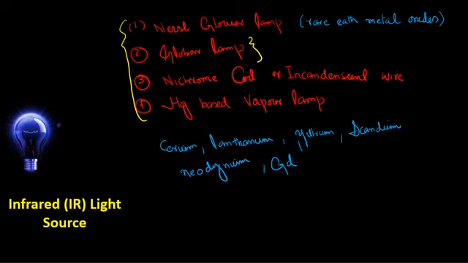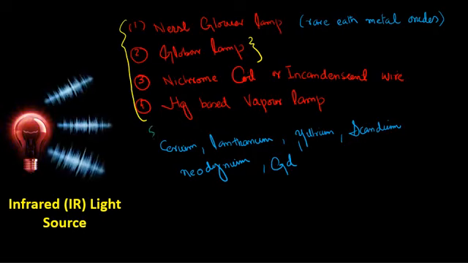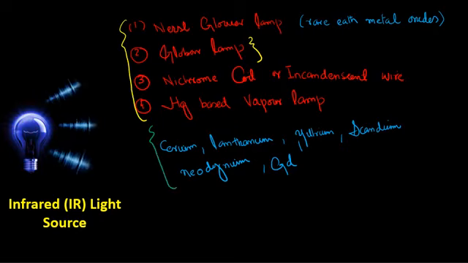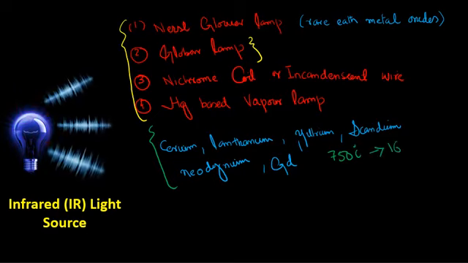Now the question is why the IR source is made with rare earth materials. Basically, student, the temperature of rare earth oxides is usually higher than 750 degrees centigrade, and it may go up to 1650 degrees centigrade and even more.